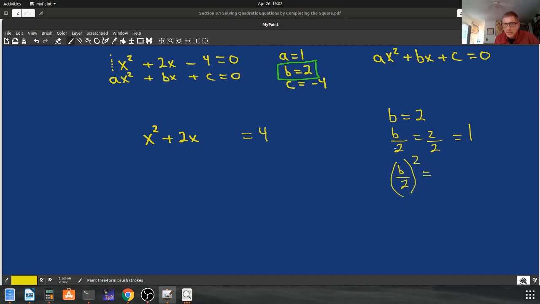So you take this last result here, and it's 1 squared. And that's just equal to 1. And what I do is I add that value to each side. So that gives me x squared plus 2x plus 1 is equal to 5.